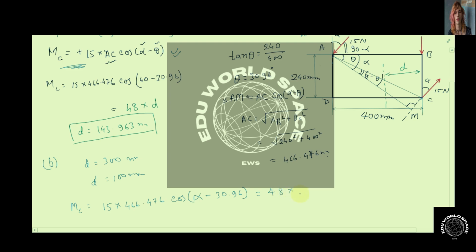So 48 multiplied by D dash, and D dash is the distance from point C. In the problem it is mentioned that this distance is 300, so this distance will be 100. So we are going to use 100 here, and in this equation only alpha is unknown, so alpha can be calculated by using a calculator, and alpha comes out to be 77.646 degrees. So this is the final answer.